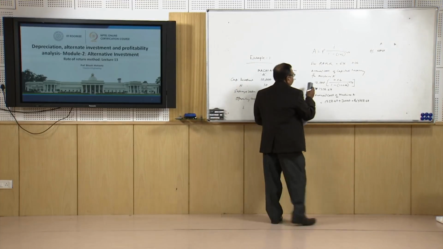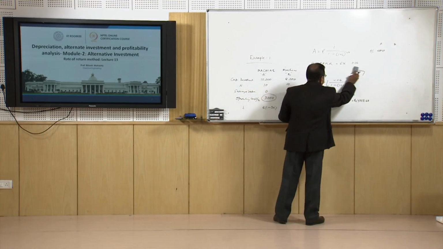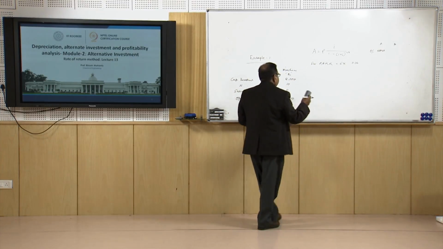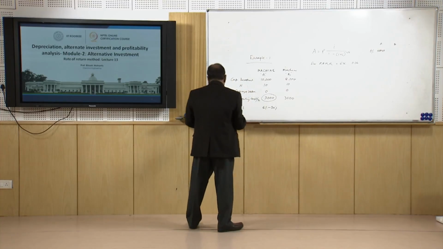Now, let us compute it for machine B at MARR equal to 6%.